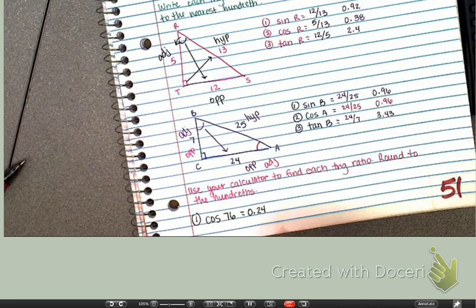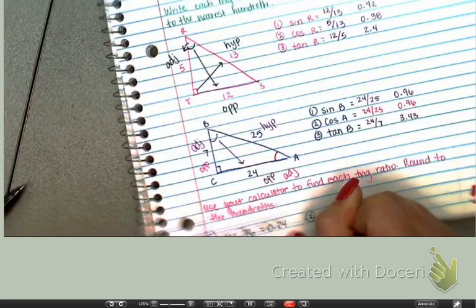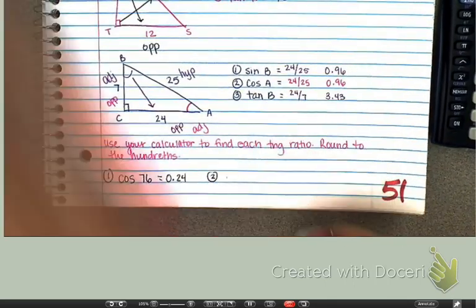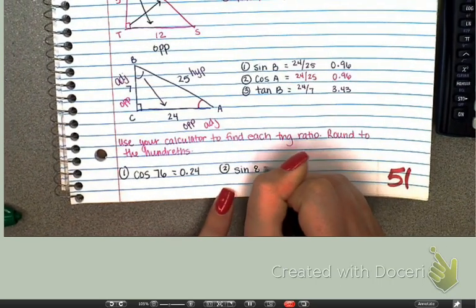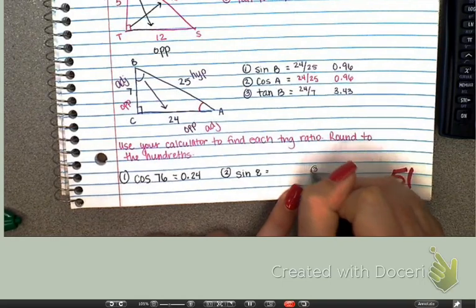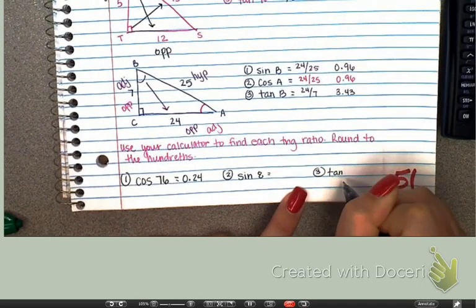I would like you to find the sine of 8 and the tangent of 82.